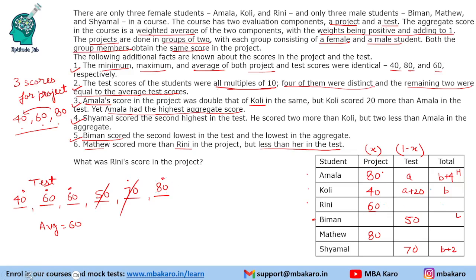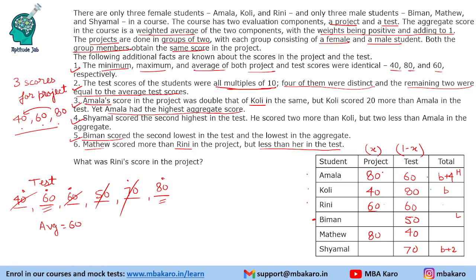The only possibility that fits is Rini would score 60 and Matthew will score 40 in the test. Now 60 and 40 are done, so we have 60 and 80 remaining. So Amala got 60 in the test and Kohli got 80 in the test.